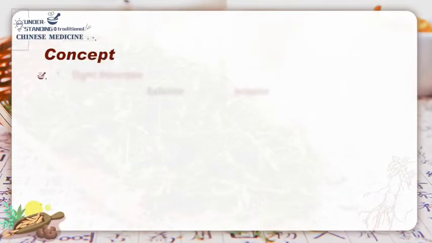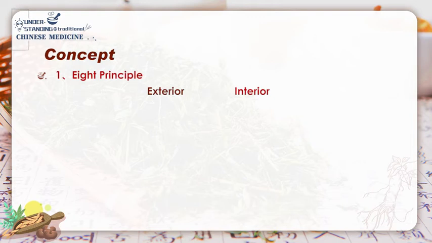The 8 principles are general guidelines obtained from the characteristics of specific syndromes. For example, exterior and interior are the basic principles guiding practitioners to determine the location of a disease.